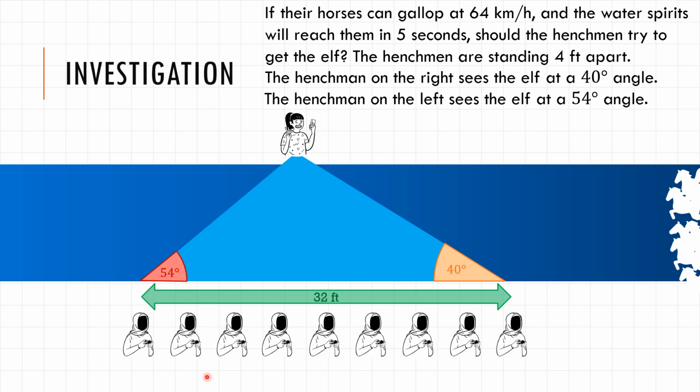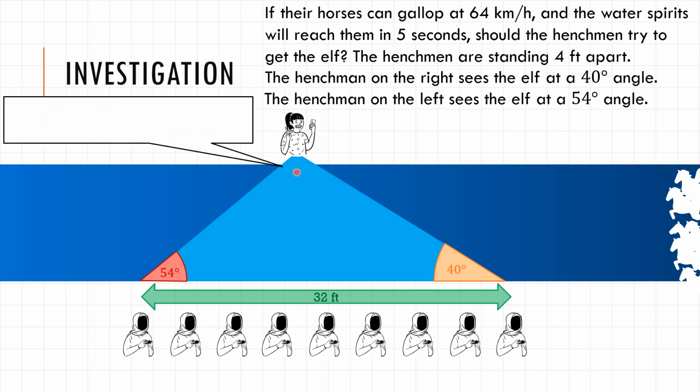I think between the 9 of us, we can put our heads together and figure out that, first, if we can figure out this angle, which is actually pretty easy, right? All of these need to add up to 180 degrees. If I can find out this angle, then I will have a pair, and then I can use sine law. So I know that 54 degrees plus 40 degrees plus whatever this is, we'll call that theta, they all add up to 180 degrees.